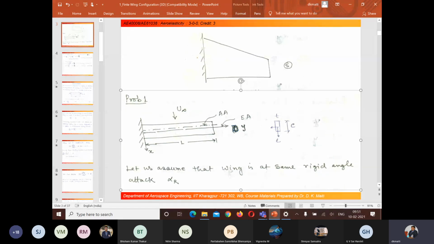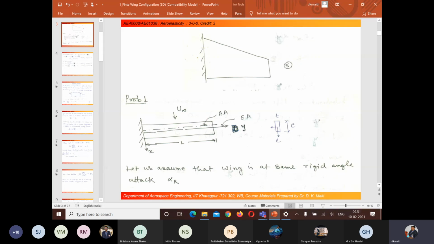This is a cantilever wing portion that I am idealizing as a beam model. In aeroelasticity theory, whatever we discuss, we idealize in such a way that we will be able to get the solution. First I took the aerofoil section mounted on a torsional spring and got the solution.